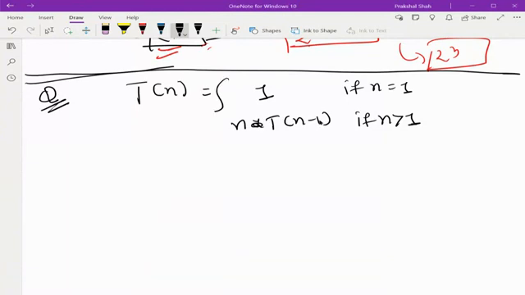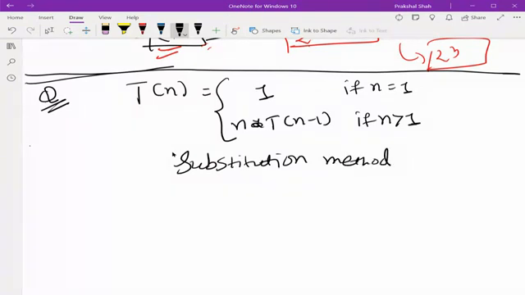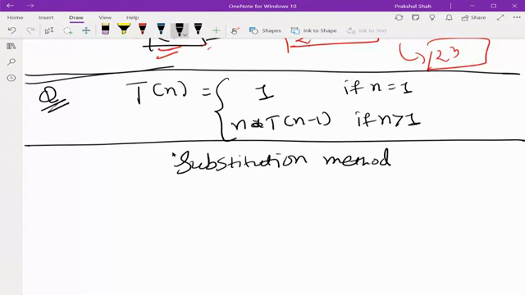This is your question. Now you need to tell me the time complexity of it by using the substitution method. Many of you already got the gist of it: this is my base case, and this is my recursive call. Cool. Okay.